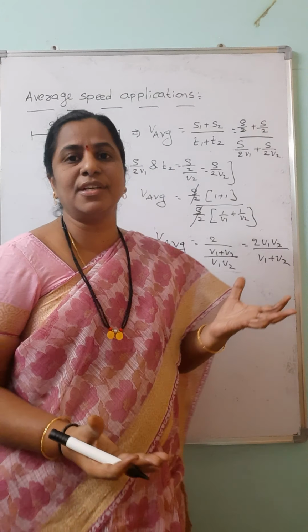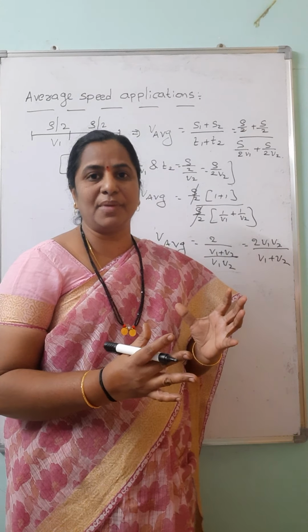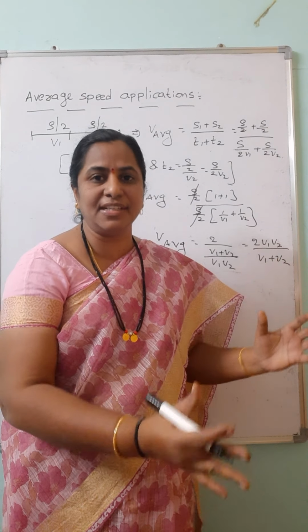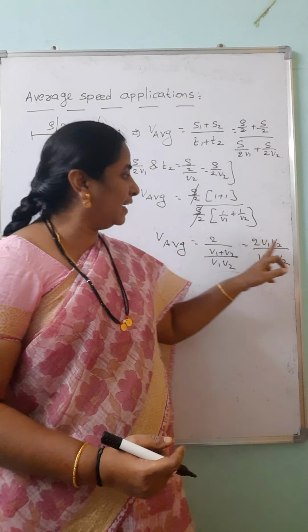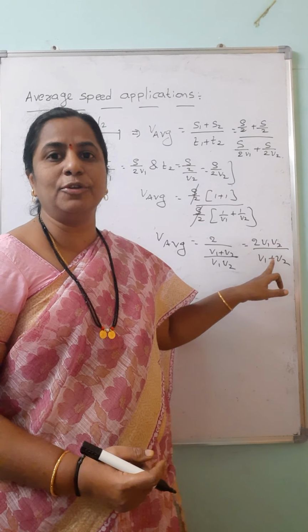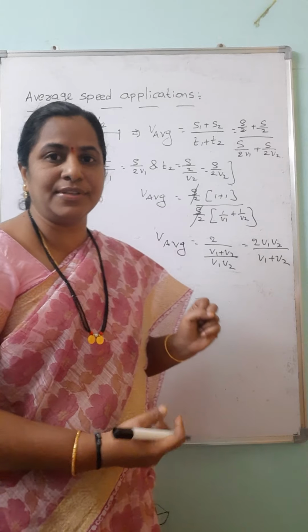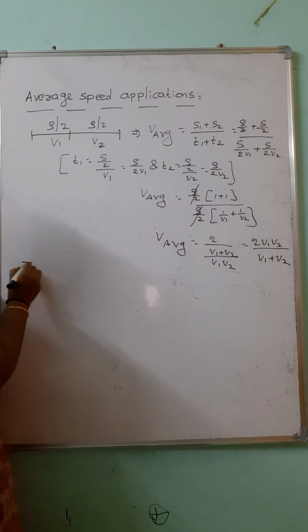So what is the use of this? Suppose the problem says the body covers half of the distance with V1 speed and half of the distance with V2 speed, we can directly use 2 V1 V2 by (V1 plus V2). Now let us discuss one more problem based on this.